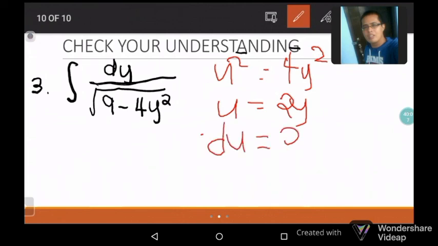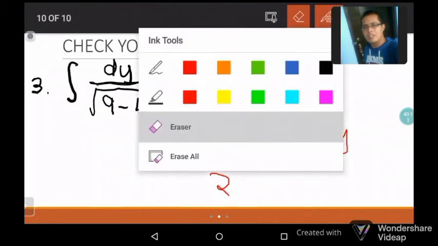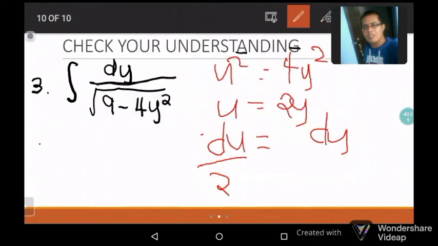Okay, so magiging sagot natin dyan is ganito. 1/2 times arc sine u over a, 2y over, so tanda natin a squared which is equal to 9, a is equal to 3. Okay, so this will become what?